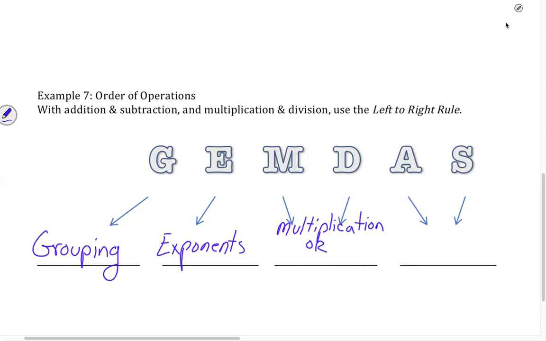Or division. And then A stands for add or subtract. But we already knew this. All right, they just changed it from P to a G just so somebody can make a few dollars. And it wasn't me.